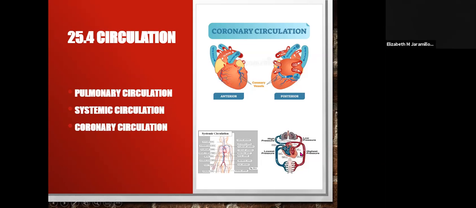This is that blood flow collecting oxygenated blood to then be pushed out from the heart throughout the body into systemic circulation. Makes sense? And then, of course, your coronary circulation is what gets started in the heart in order to make it function so that the rest of this functions. Make sense?